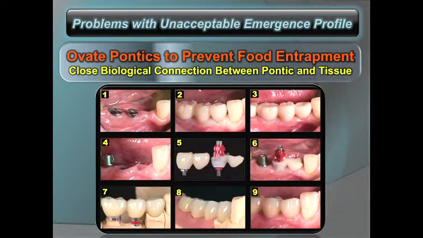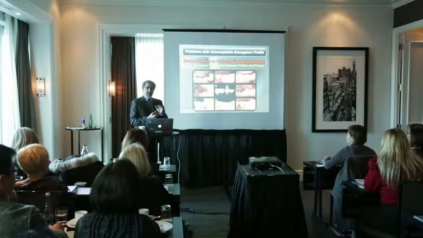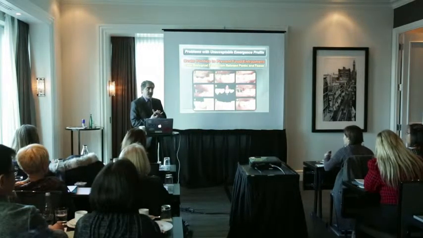What is the solution? In my own cases, when I have something like this, either a pontic or just an extended part of the crown sitting there, I would always prefer to have an ovate form pontic, making sure that I have a very close contact with a convex surface, with the gingival surface.